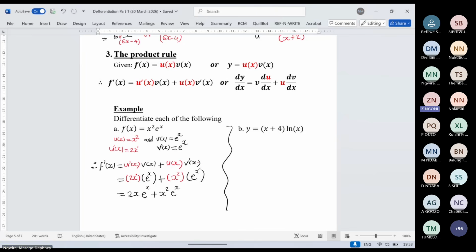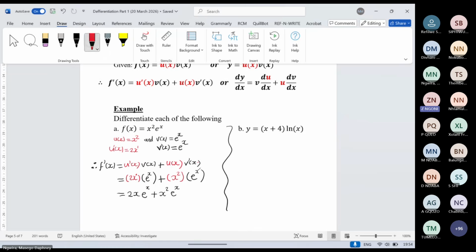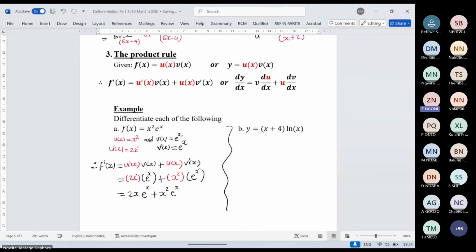Miss Masejo, before you move further, you remember when we were doing the chain rule, you said that u is the one that has 2 terms. In this case, you chose u as x to the power 2. Is it because x to the power 2 is the same as x to the power 2 plus 0, as the constant?